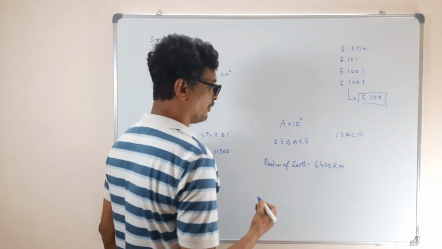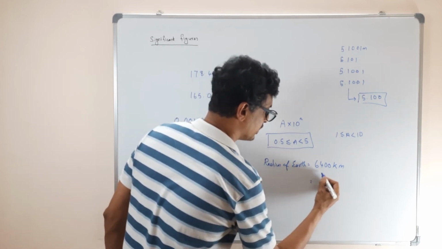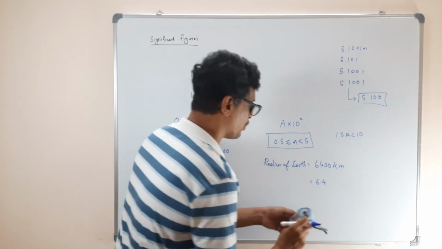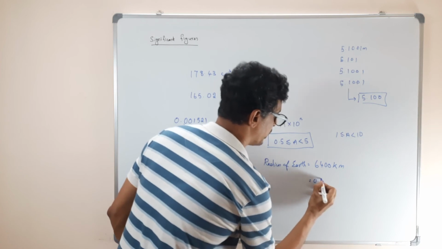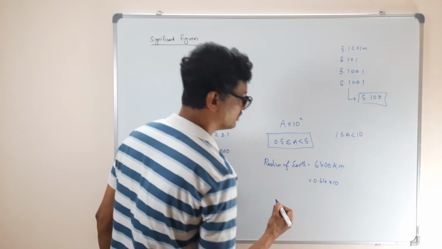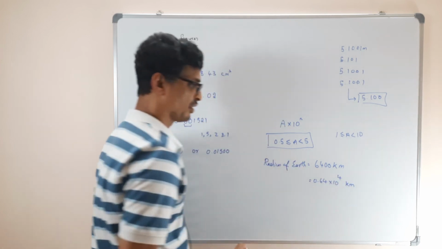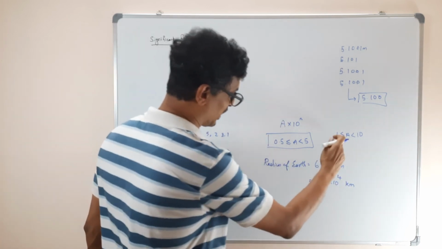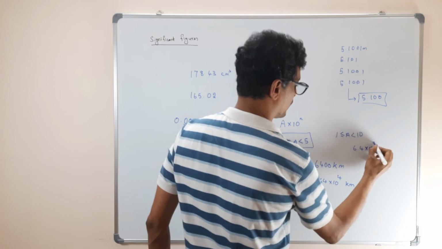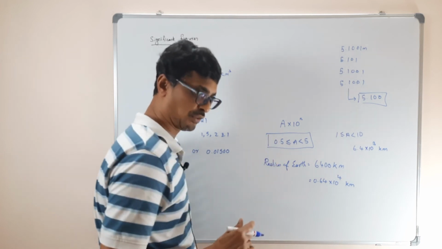If you want to write it in scientific notation, following this method, it will be written as 0.64 into 10 to the power of 4 kilometer. But in most cases we use the form 6.4 into 10 to the power of 3 kilometer. I don't know, in your book they have written this, so you have to follow this.